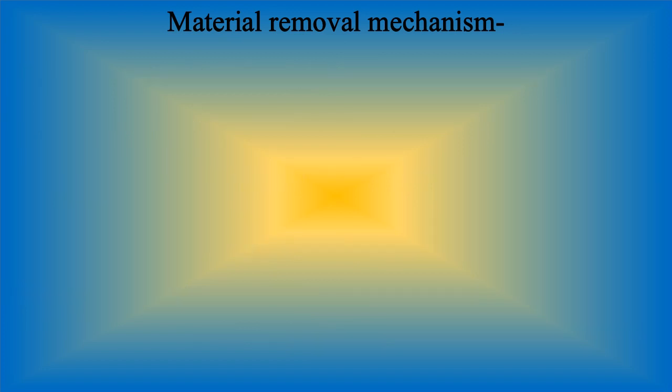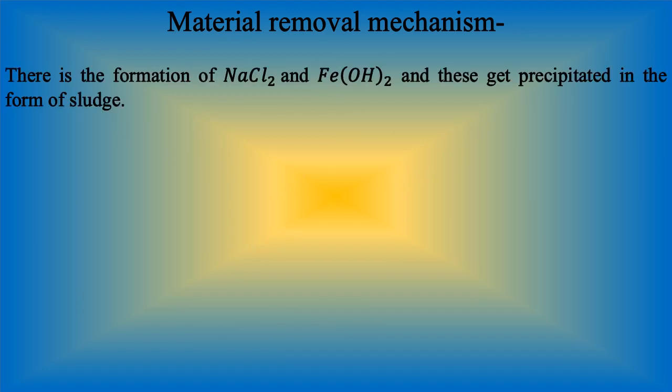Now let us see how this material removal is taking place. The sodium chloride dissociation and the iron hydroxide formation, how they were taking place. So we will be getting sodium chloride. We are also getting iron hydroxide, and these get precipitated in the form of sludge.